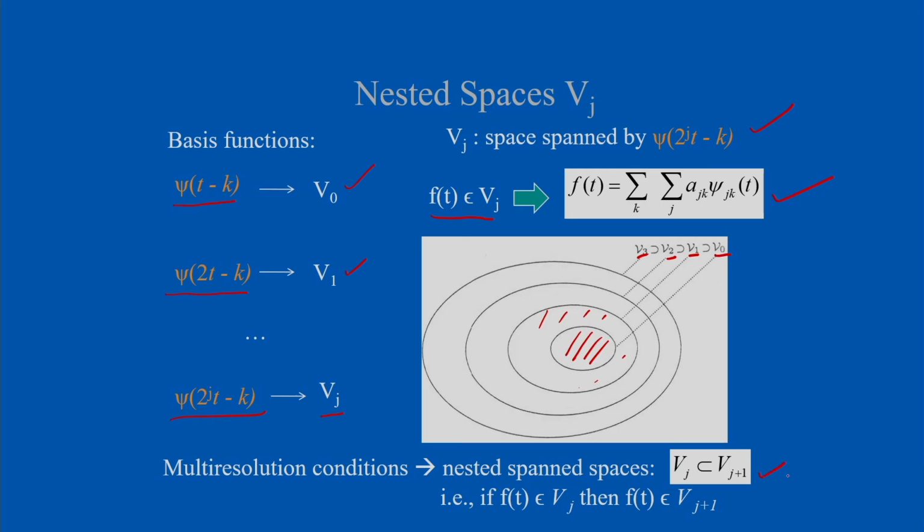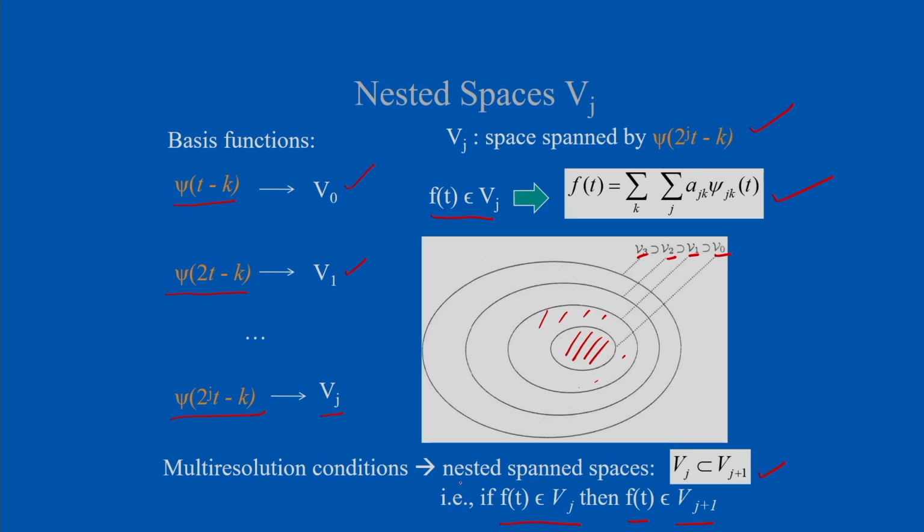Okay, so that means if f(t) is an element of Vj, then f(t) will also be an element of Vj plus 1. Vj plus 1 means I am considering one large or big set as compared to Vj. So you can see the small set is V naught, the next big set is V1, compared to V1 the next big set is V2, compared to the set V2 the next big set is V3.